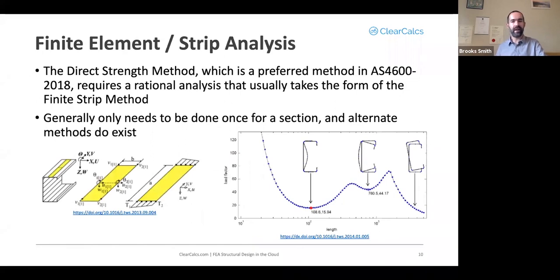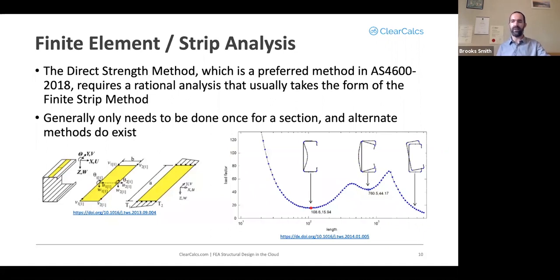Mentioned finite element analysis. We're more likely to use a close variant of finite strip analysis in cold form steel. But for doing the direct strength method, which is now the more preferred method in AS4600-2018, you need to do a rational analysis. Usually that takes the form of the finite strip method. You generally only need to do that analysis once for a section.